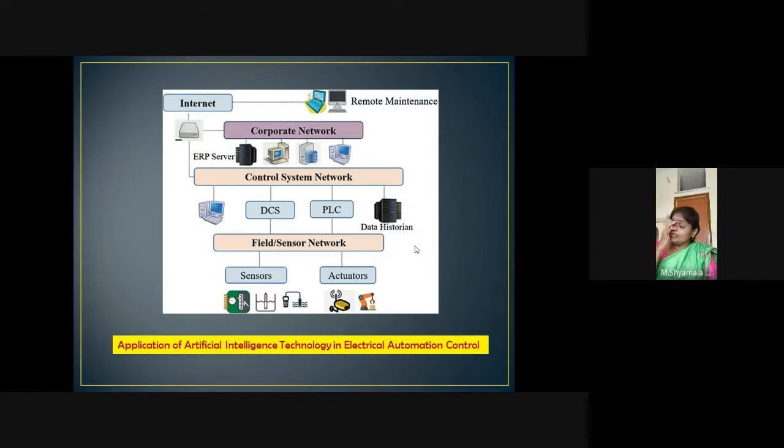So we need sensors like humidity sensors, water level sensors, and various temperature sensors. We have different kinds of sensors with which we can take real-time data of our electrical equipment. These data are given to the network.